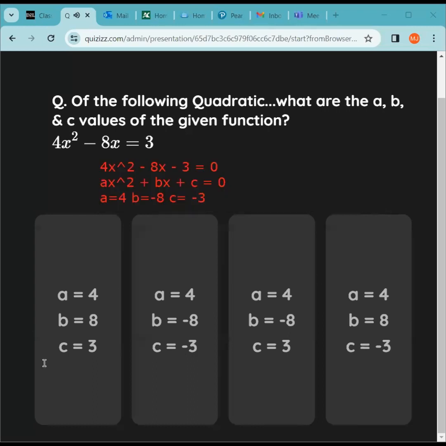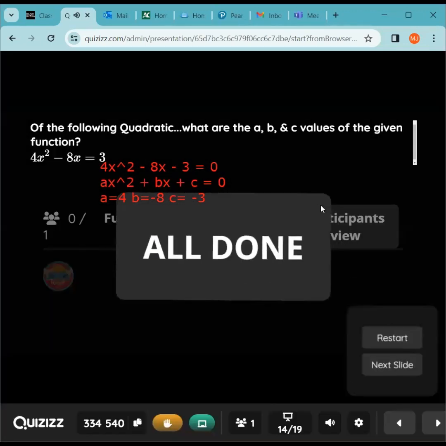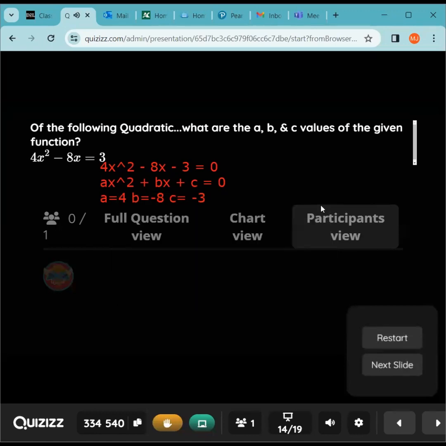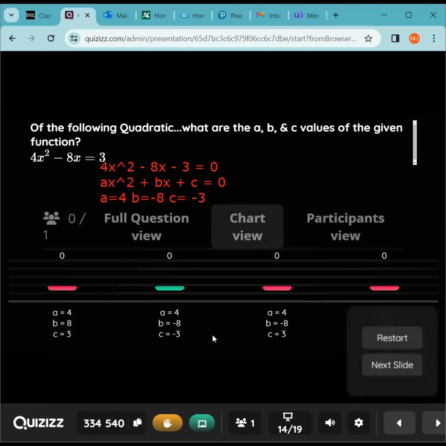That's how you would find a, b, and c for this equation. So a equals 4, b equals -8, c equals -3.